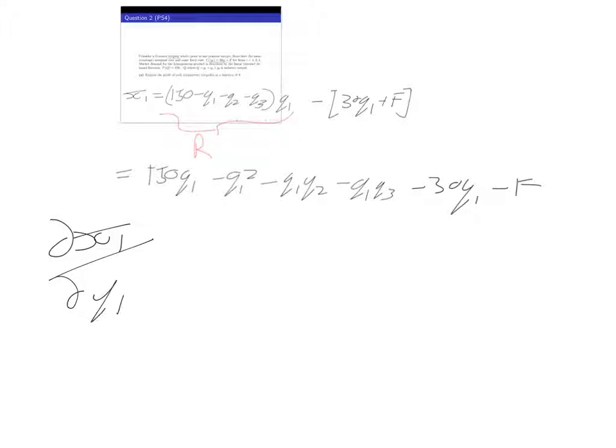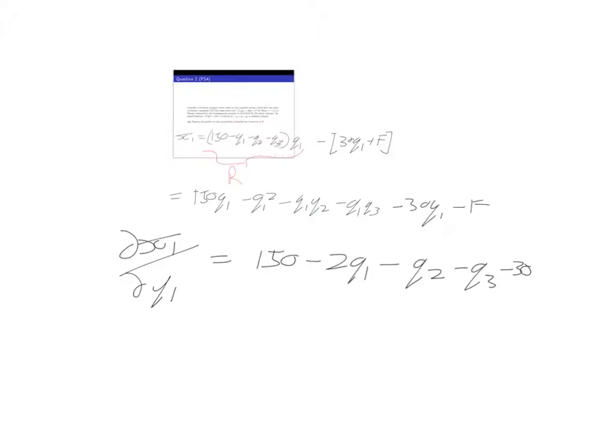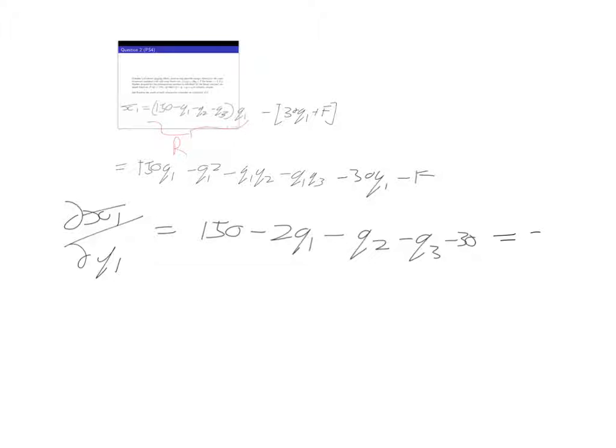Take the partial, minus Q2 minus Q3 minus 30 is going to be equal to 0. And because at the moment all of the firms are symmetric, we can just replace the coefficient along.